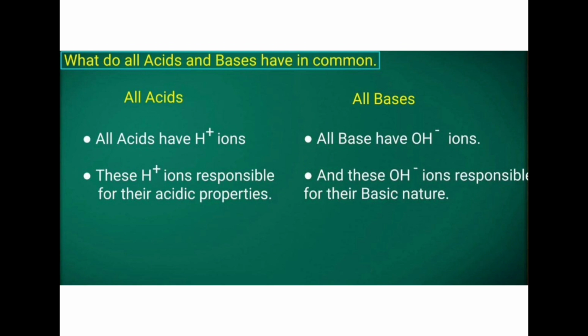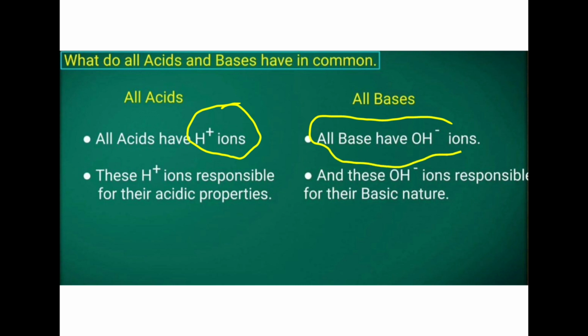So now we can look at the comparison. This much time we have been discussing the differences between acids and bases. Now we can look at what things are common to both. All acids have H plus ions. Since it has H plus ions, that is why we call it an acid. Acid means it has H plus ions, or we can define an acid as a substance that produces H plus ions when dissolved in water.